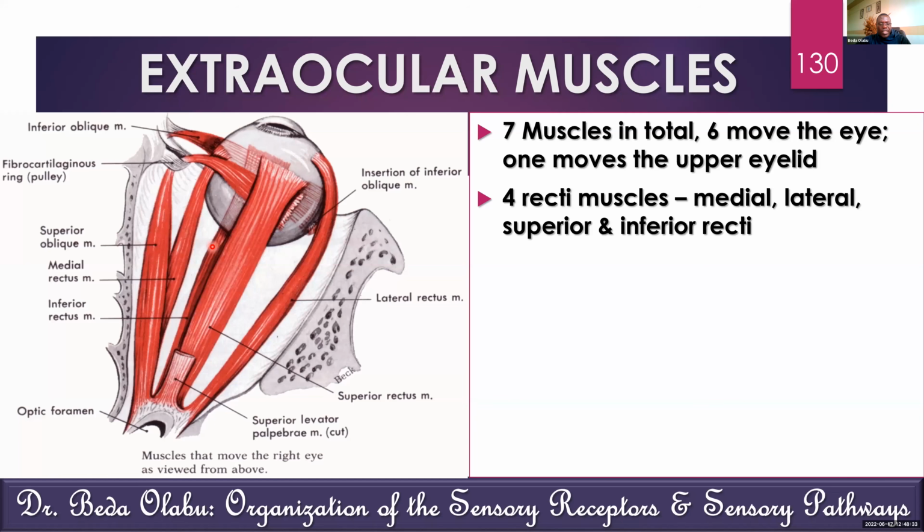Similarly, the inferior rectus comes from the orbital apex and inserts on the sclera on the lower part of the eyeball. If it contracts, it will pull the sclera on the lower part backwards, and that will make the pupil face down. So inferior rectus depresses the eye. Lateral rectus will pull the sclera laterally, and that will make the pupil face away from the center.